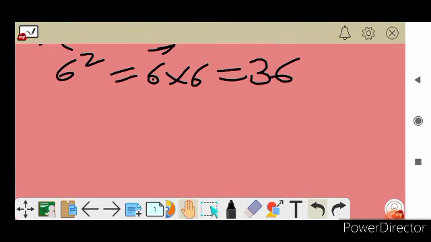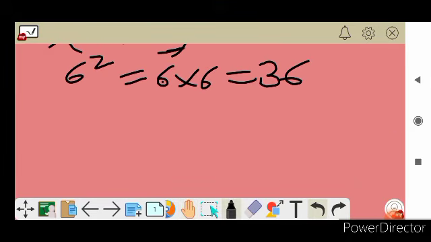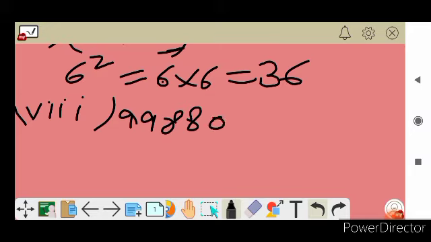So now like this, the eighth part of this question is here 99880. So square of this number, what will be the unit digit? We do not multiply the whole number with the same number. We can only use the unit digit of the given number.